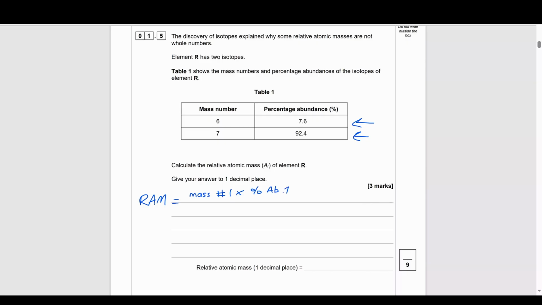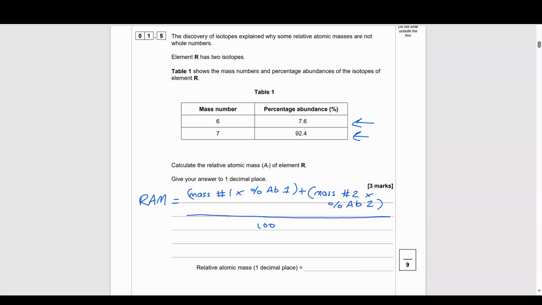And then add that to mass number 2 multiplied by percentage abundance 2. And then, once we get our total there, we need to divide that by 100. So, let's calculate the first part of our equation.